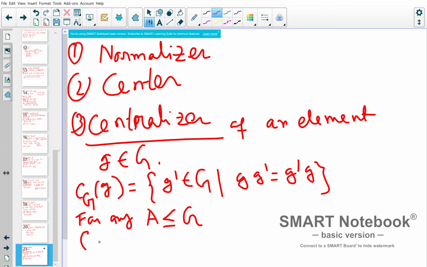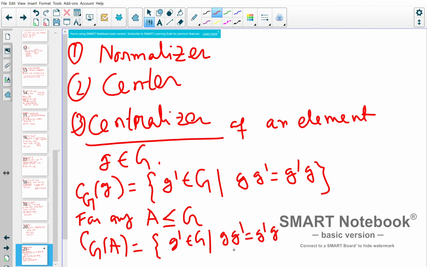You can define this as the collection of all such g dash belongs to G, such that g dash g equals g g dash for all g belongs to A. Every element of it commutes with every element of A. Okay, these are my definitions of normalizer and centralizer.